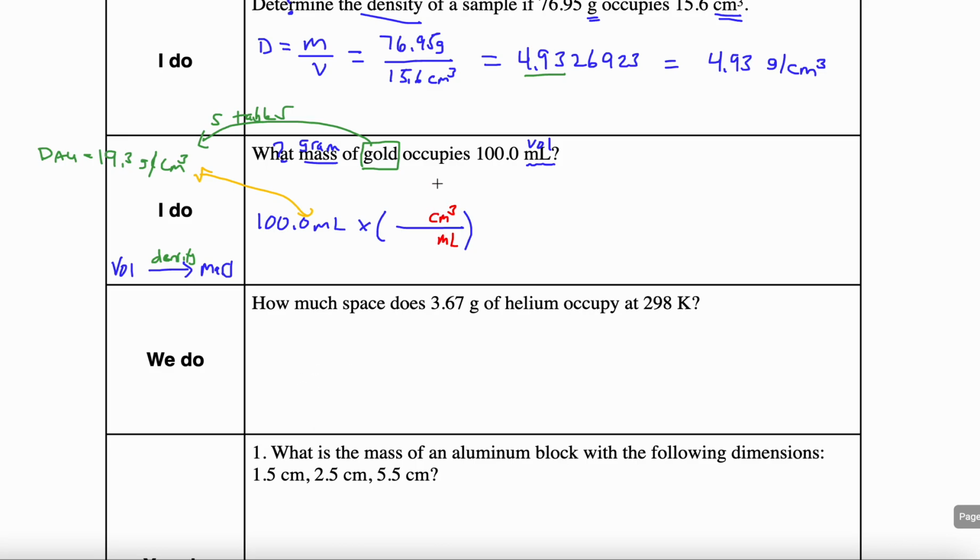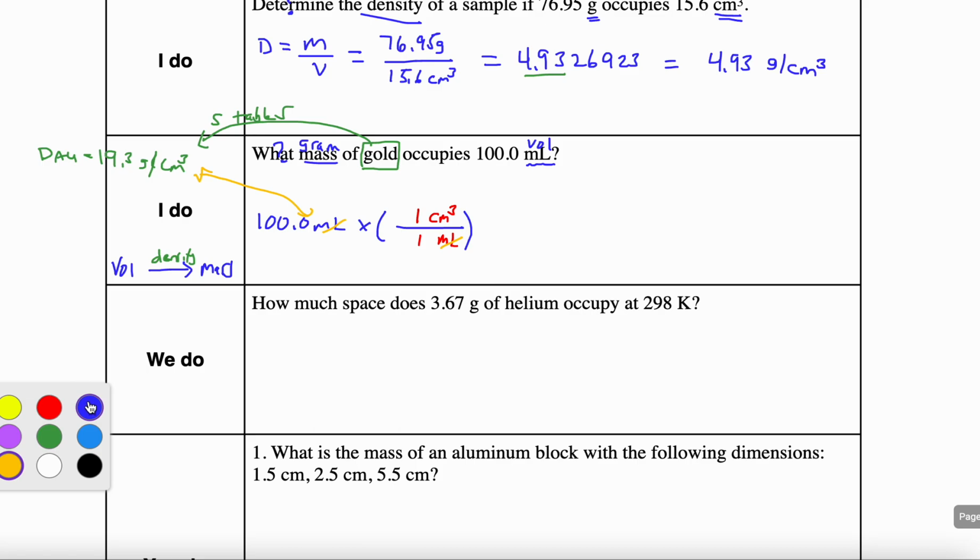This is the relationship that you need to memorize: 1 milliliter equals 1 centimeters cubed. So now when I do my unit analysis, the milliliters reduce to 1, so I'm allowed to cross them off.